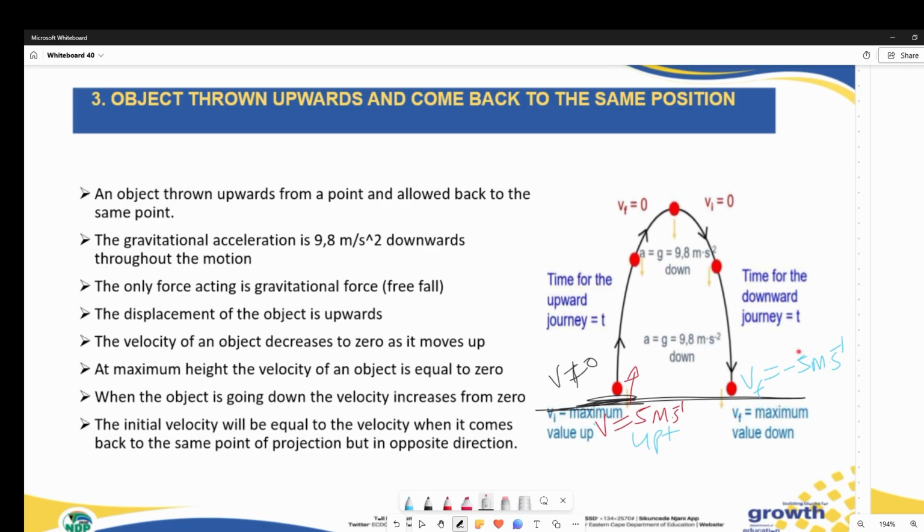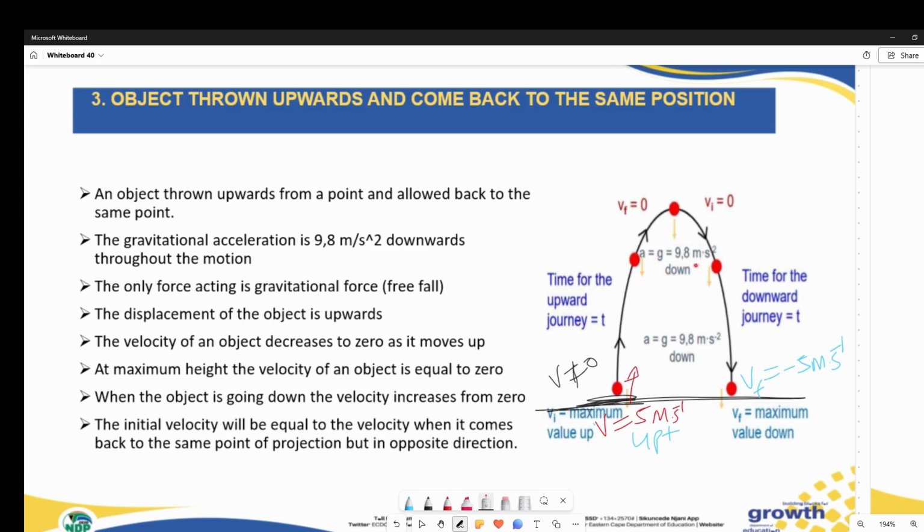As the ball moves up, the velocity decreases, but as it moves downwards, the velocity increases from 0 to 5 meters per second downwards, okay? Then we go into the issue of acceleration.